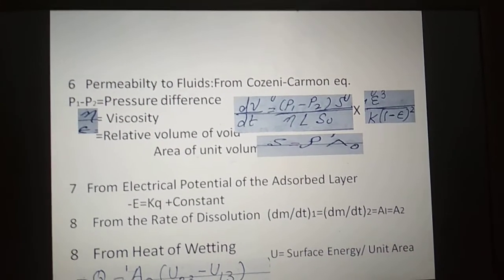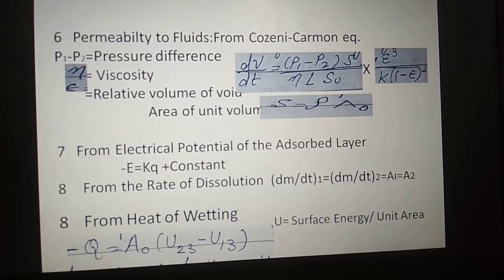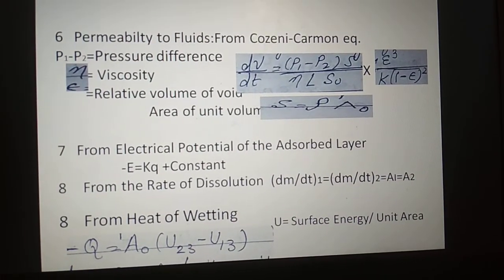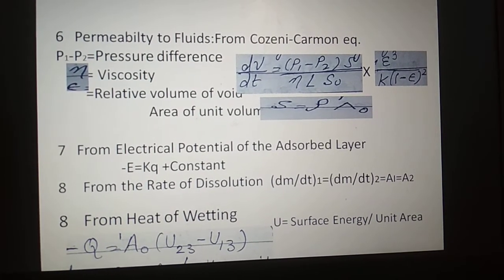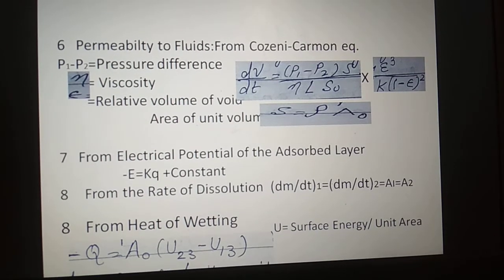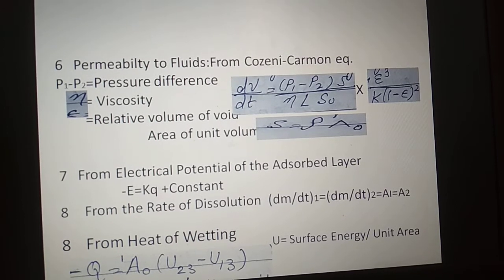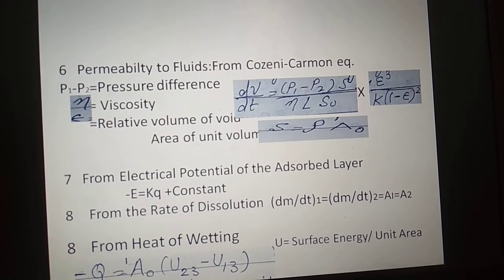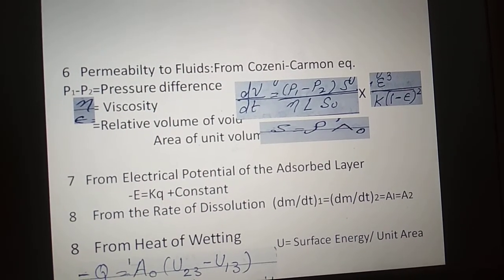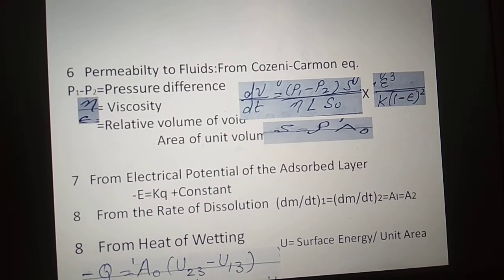A well polished cube of solid is sample 1 and powder of same substance is sample 2, then dm upon dt 1 over dm upon dt 2 is equal to a1 over a2. Rate of dissolution is equal to ratio of two areas. Area of cube is readily obtained, so A2 geometrical area can be found.